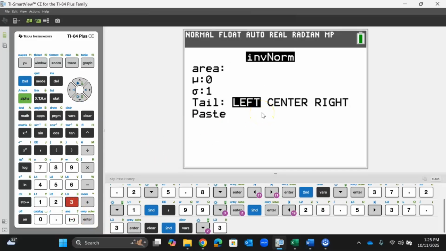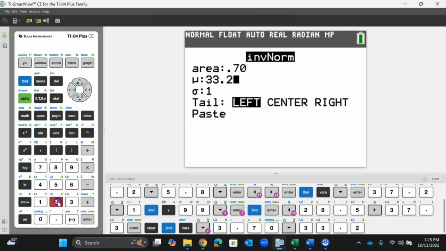The newer version is going to give you all of these options. In our first example, the area we were interested in was 70%, written as a decimal. Our mean was 33.2, and our standard deviation was 5.8.